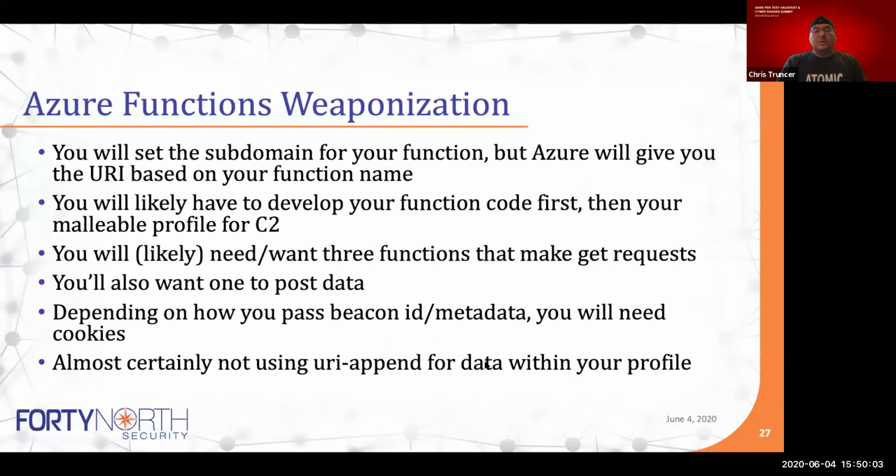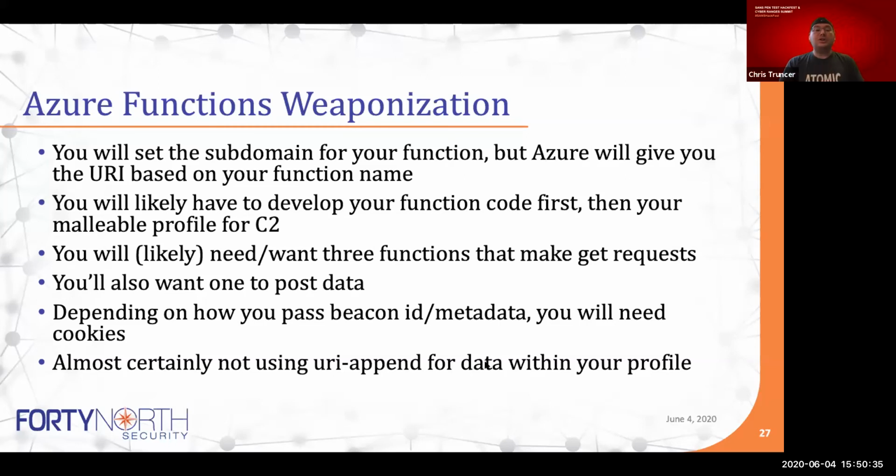One thing to note, though, before we actually look at the code, is you will be setting the subdomain for your function, but Azure will also give you the URI for the function name. So with that said, you're likely going to have to develop your function code first. This is going to be a little bit specific to Cobalt Strike, but really, this is also specific to any C2 option out there that lets you specify domain URIs that it's going to use for C2.